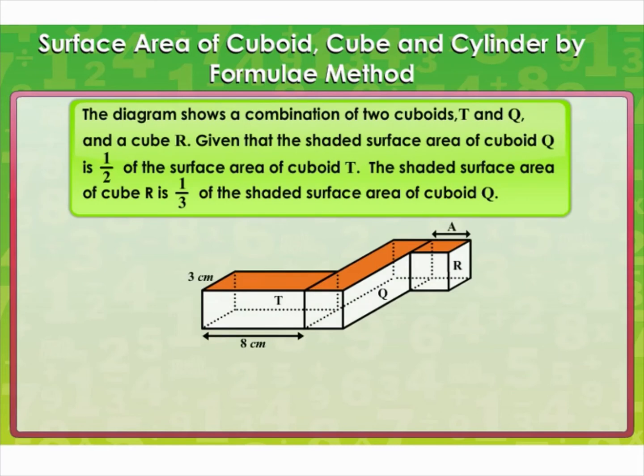The diagram shows a combination of two cuboids T and Q and a cube R. Given that the shaded surface area of cuboid Q is half of the surface area of cuboid T, the shaded surface area of the cube R is 1/3 of the shaded surface area of the cuboid Q. What is the length of A?